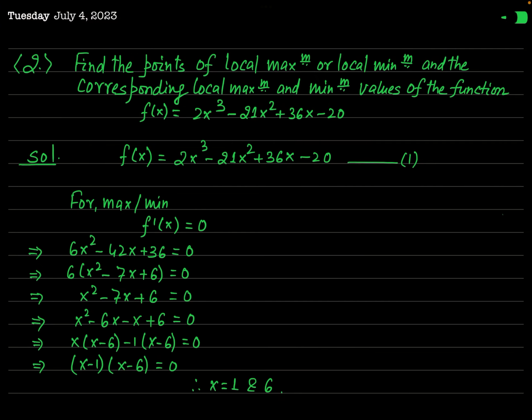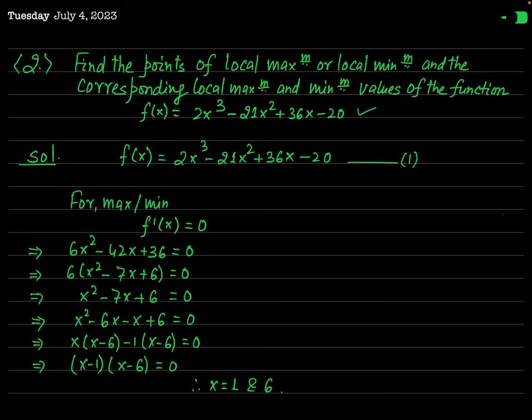Okay. Now I am just going to solve another problem, and after this solution your concept will be very clear regarding the first derivative test. The second problem says to find the points of local maximum or local minimum corresponding to the maximum and minimum values of the function f of x equal to this much.